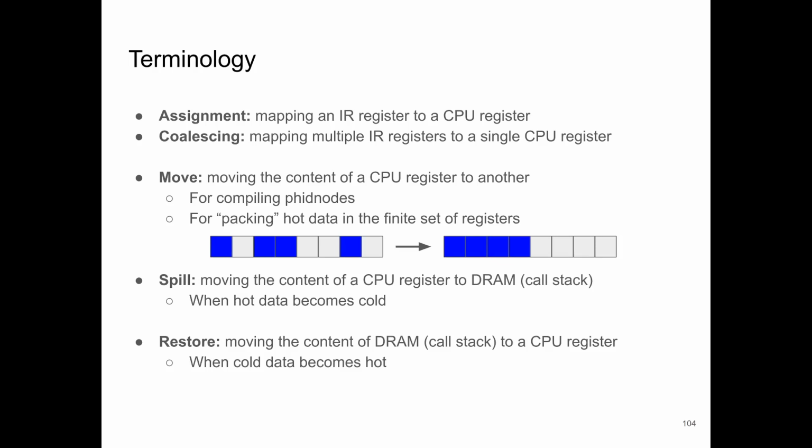So we need to somehow rename the registers so that regardless of which previous block the control flows from, we can name them consistently. So this packing is basically figuratively meaning such a thing.